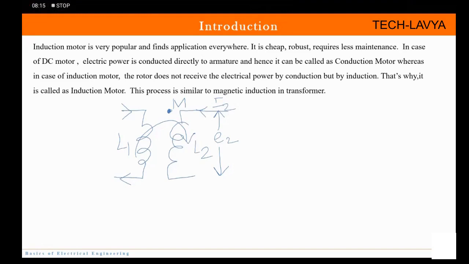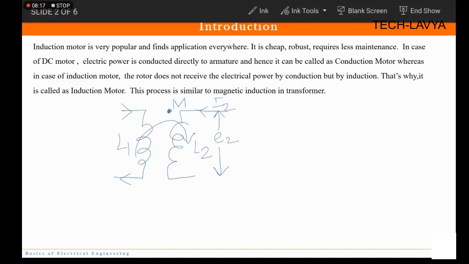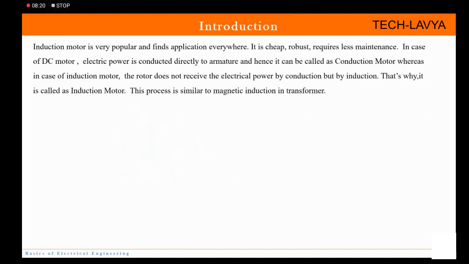So basically here, the rotor does not receive the electrical power directly. It does not receive it by conduction, but there is a process called induction. So what we do is we give supply to a device called the stator.